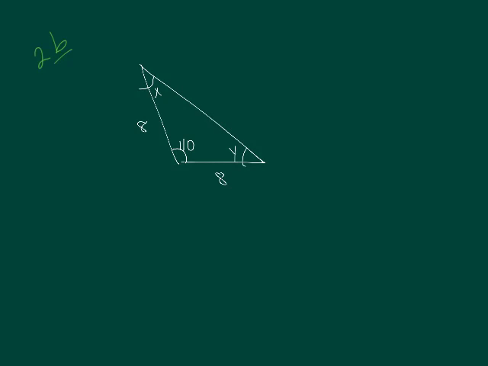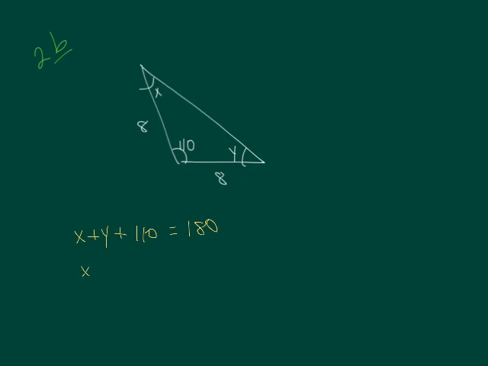Well, that tells me if I have two sides that are the same, then they're isosceles, and that means that these two angles are the same. So this angle and this angle are the same, and when I add them up to 110, I'm going to get 180. So I've got x plus y plus 110 equals 180.